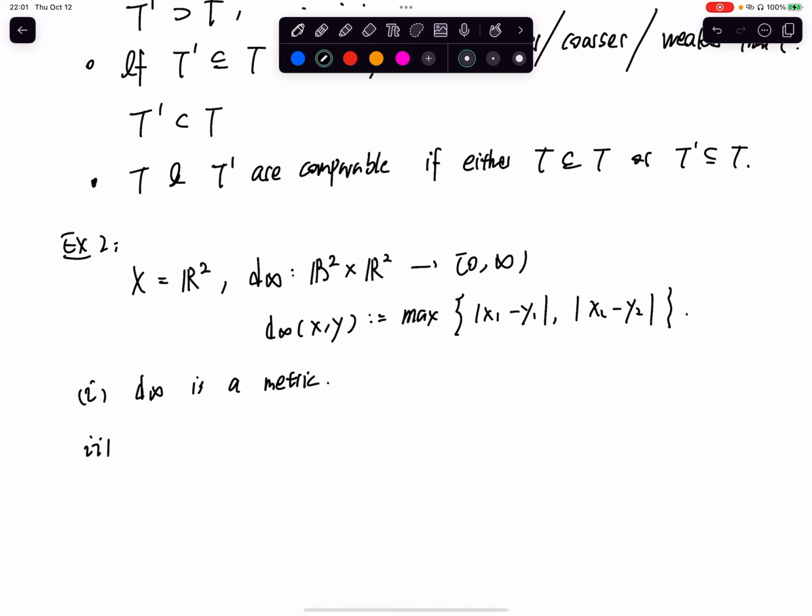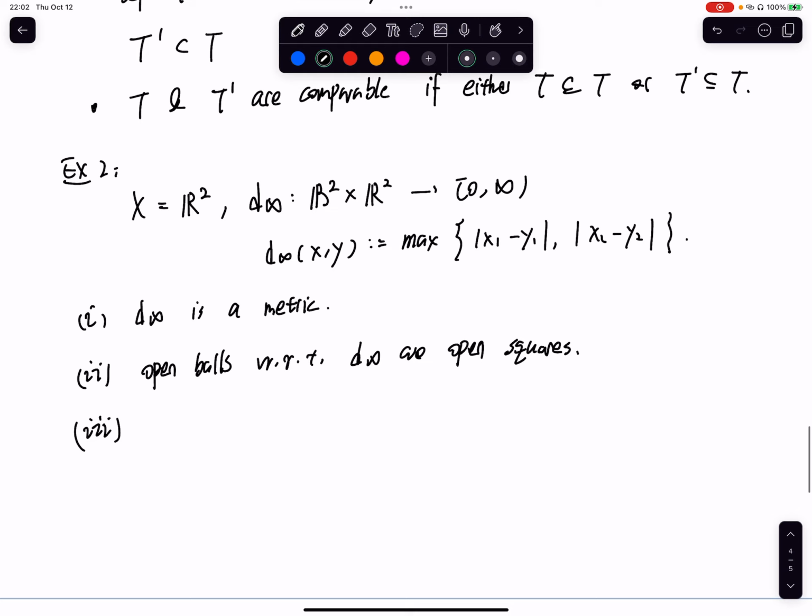And second, our open balls with respect to d infinity are open squares. And thirdly, one can prove that the open sets defined in this way are exactly the same as the open sets defined by the Euclidean metric.